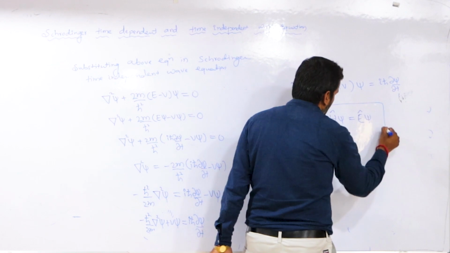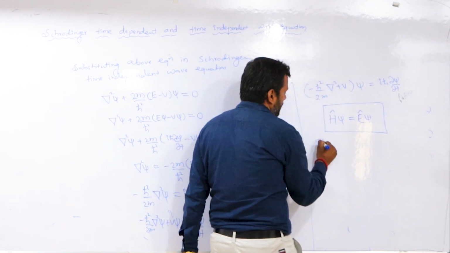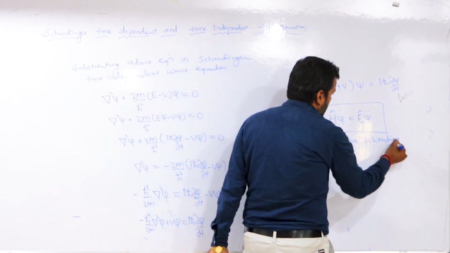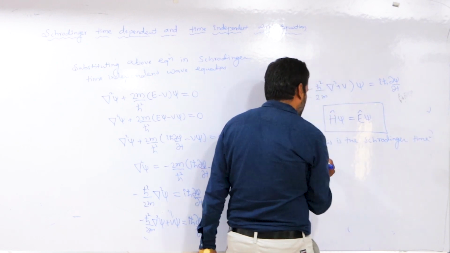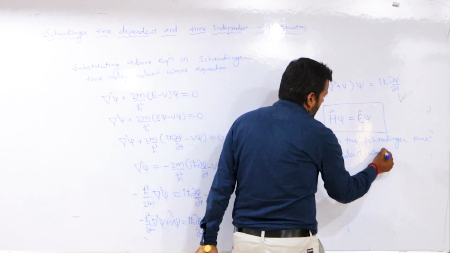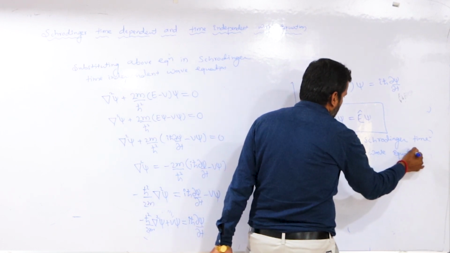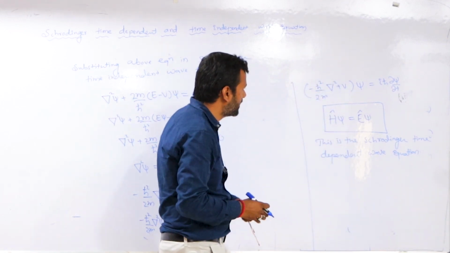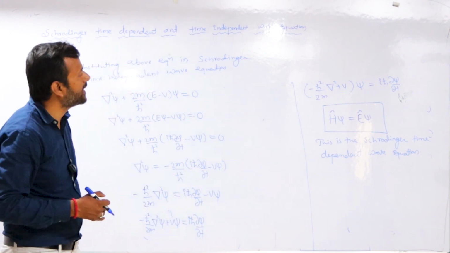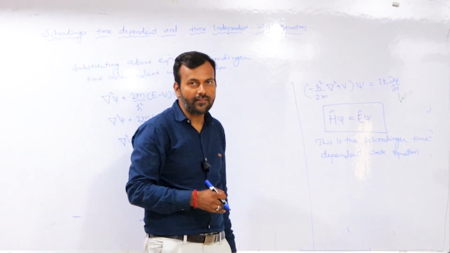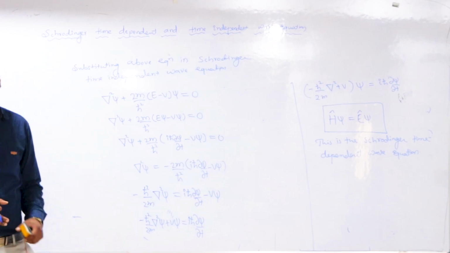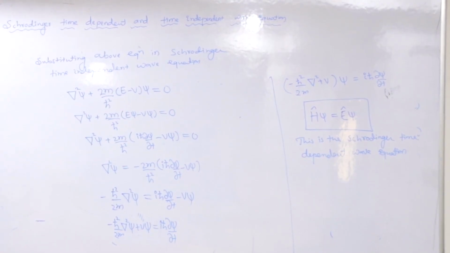This is the most important wave equation, the Schrodinger time dependent wave equation. Here we have the term dou psi by dou t, so in the equation we get the t, and that's why it is a time dependent wave equation. So this is all about the Schrodinger time dependent and time independent wave equation.